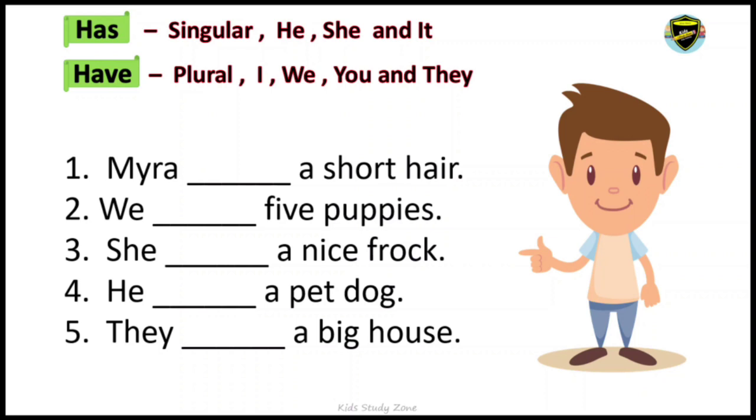First one is Myra dash a short hair. Myra. Here, Myra is a singular noun. Okay, I've highlighted it with yellow color. Myra is a singular noun. So, singular noun we will use has. Myra has short hair.